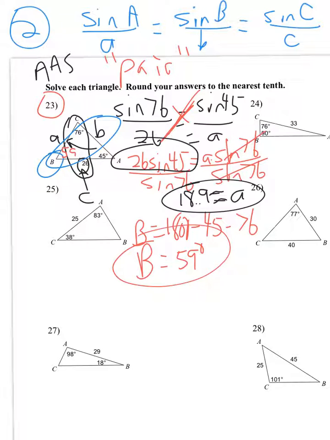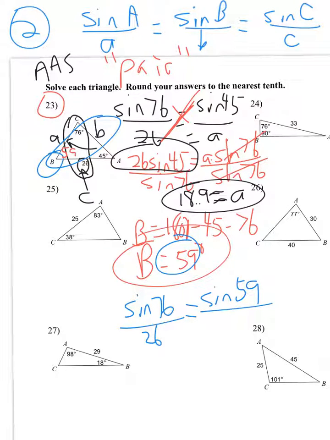So we can do another law of sines and go sine 76 over 26 equals the sine of angle B, which we found right here to be 59, so the sine of B over little b. And if I go through and cross multiply, I get 26 times the sine of 59 equals b times the sine of 76.